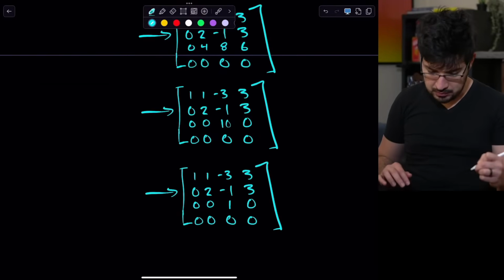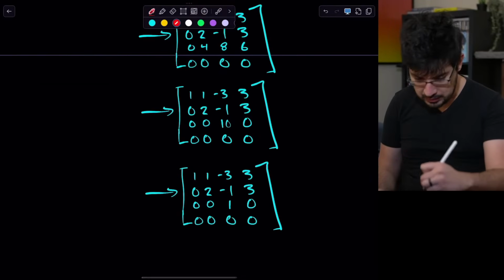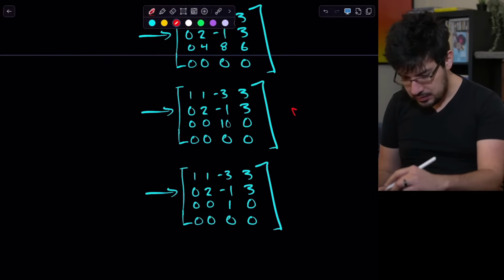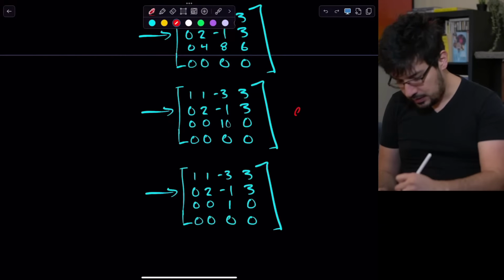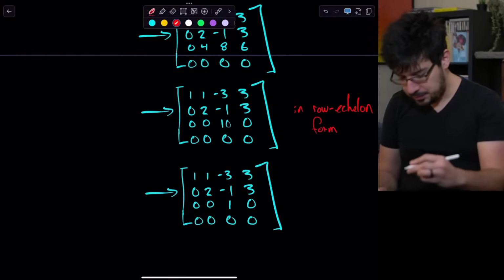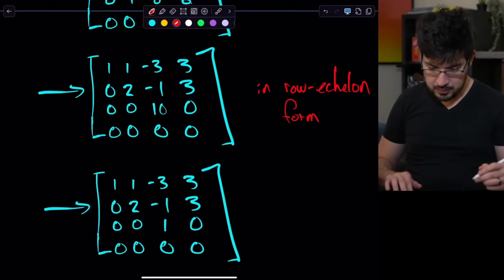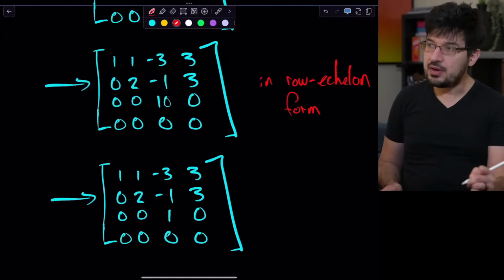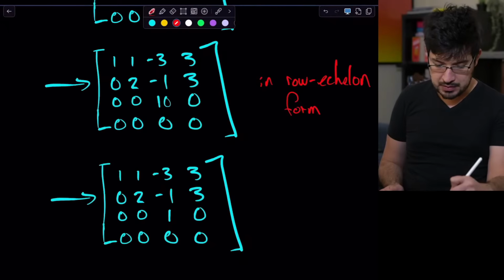Oh, wait. Here, this one is in row echelon form.